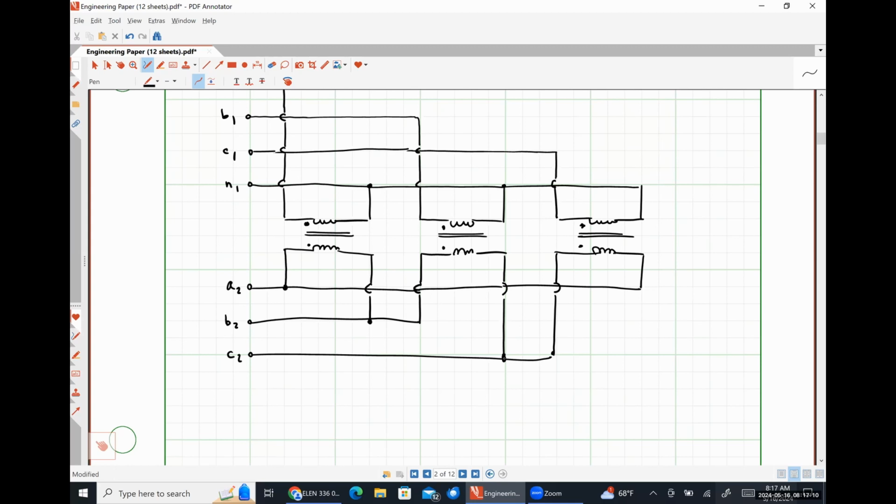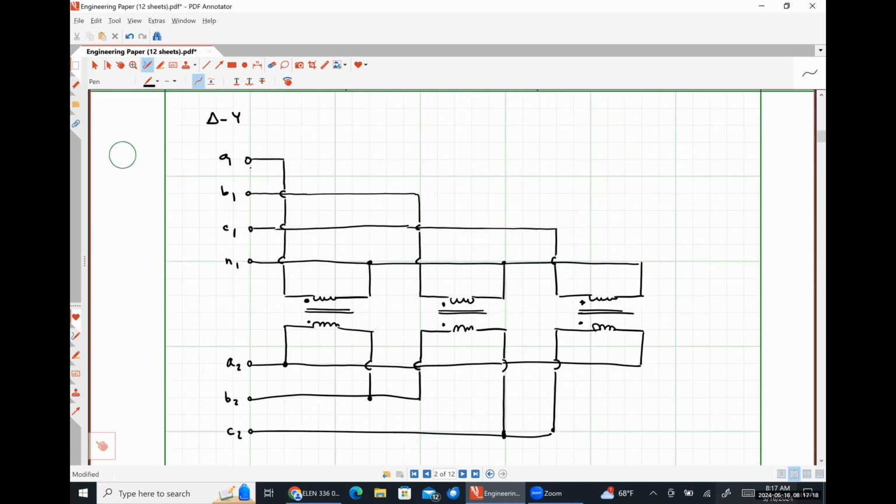So we are going to be converting. Let's call this voltage here VL1, and this voltage here VL2. Okay.